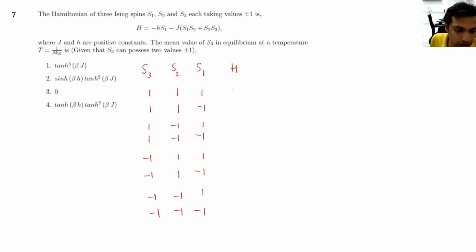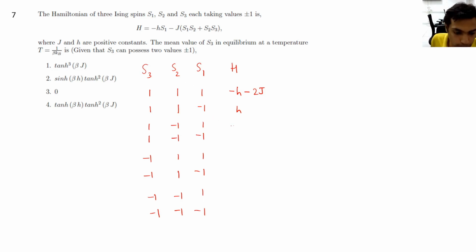So for this one, h will be what? Minus h minus 2J. For this it will be just plus h, then you just have to put these values in here and obtain.